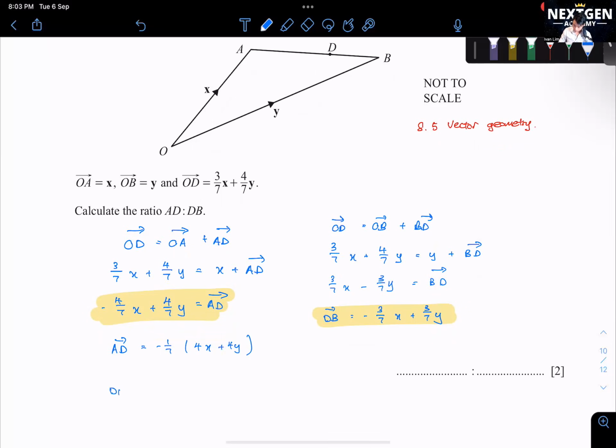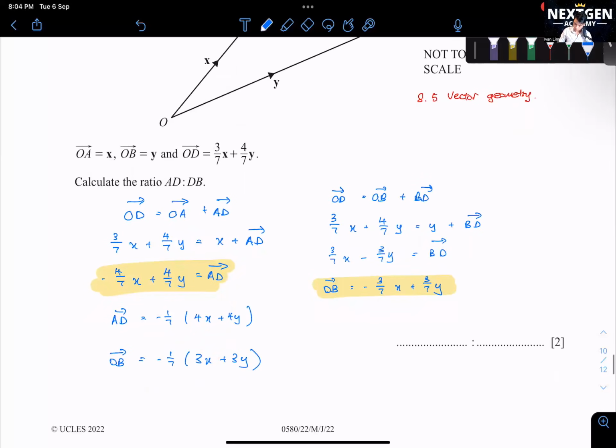Okay, DB equals to -1/7, 3x plus 3y. Okay, so AD over DB means over this, this one will cancel. Then I can factorize out again 4. Okay, then 3 like that. Okay, so it's actually 4 to 3.